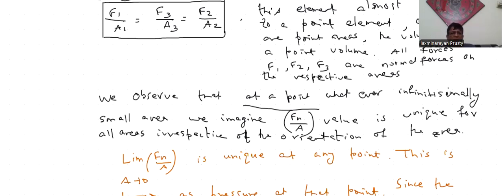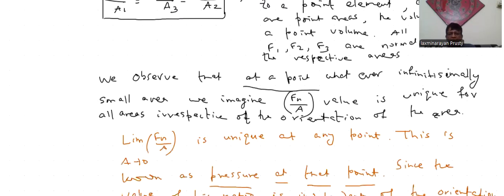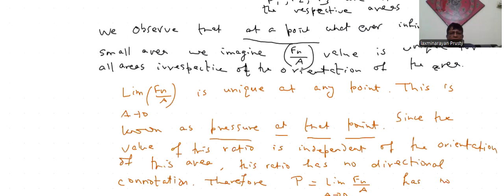Do you see? This is a vertical area, this is a slant area, this is a horizontal area. But the Fn by A ratio is a constant, unique at any point. Understood this?